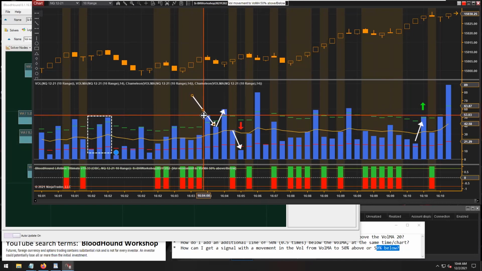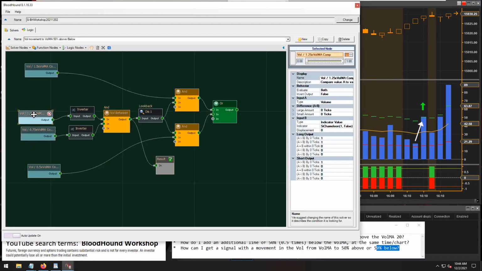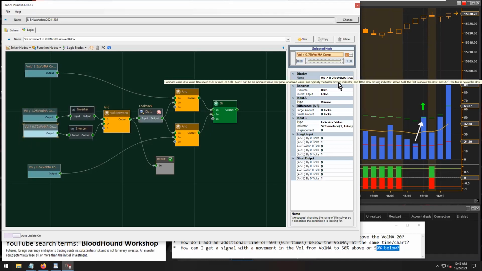There we go. Right here, volume is ever so slightly above this narrower range that I created there. So if you want to use a narrower range, you just have to create two new solvers that identify that smaller range there.